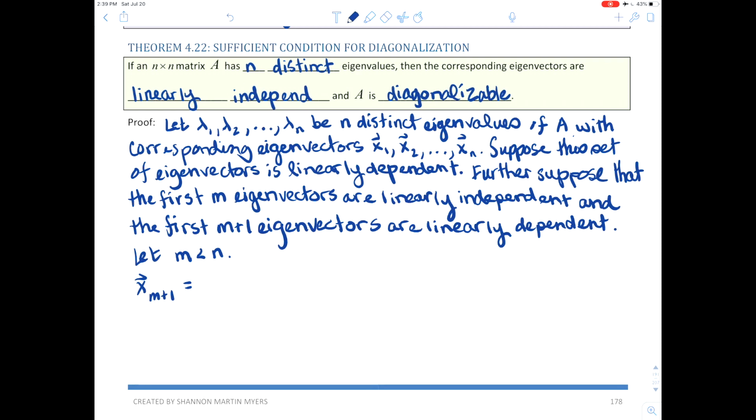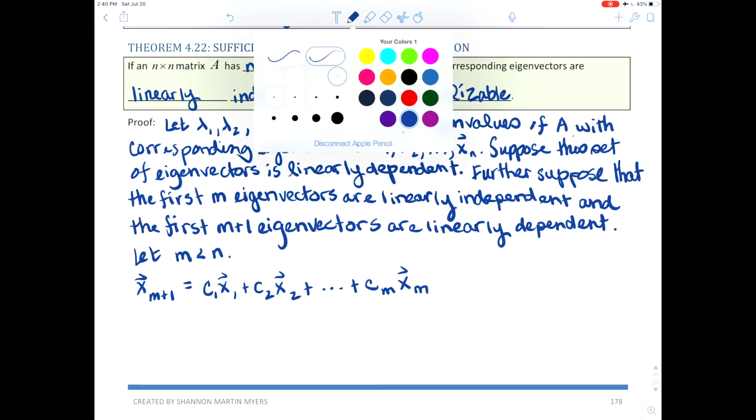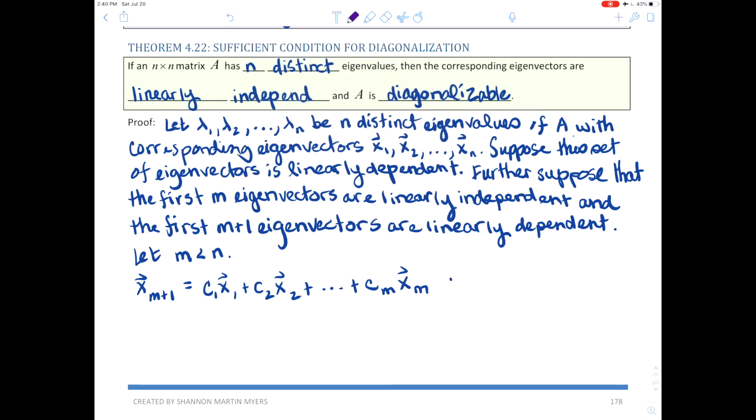We would have c1 x1 plus c2 x2, all the way down to cm xm. Cool so far? Let's name this equation. This will get a little messy maybe. So we'll call this one equation 1, where not all ci's are 0.